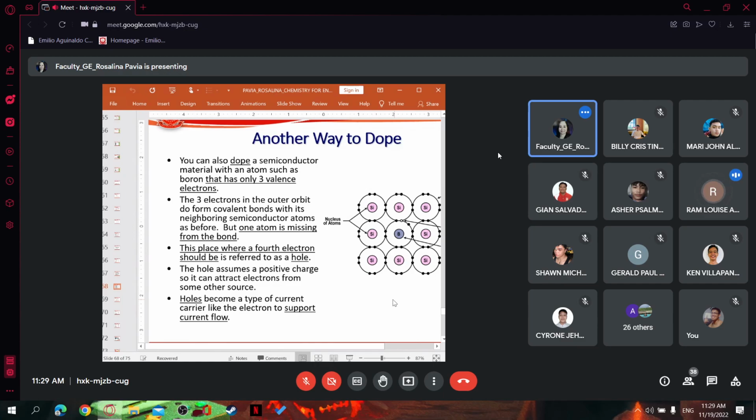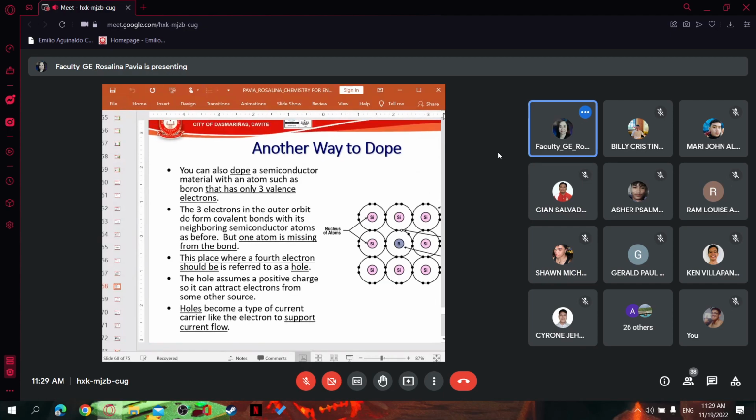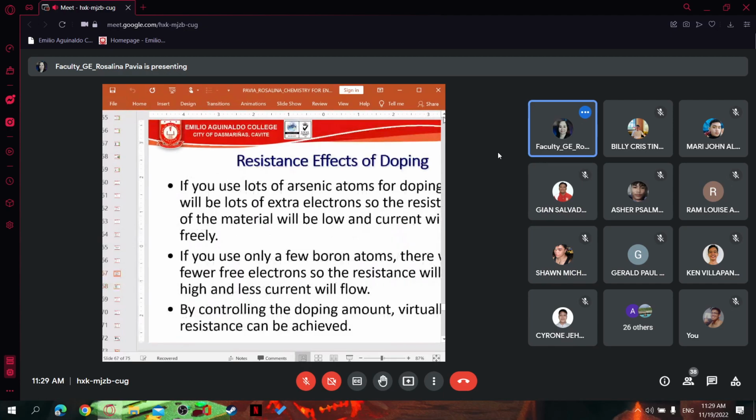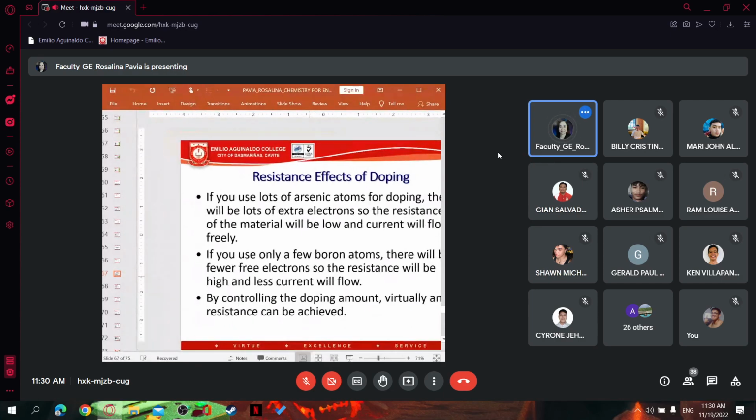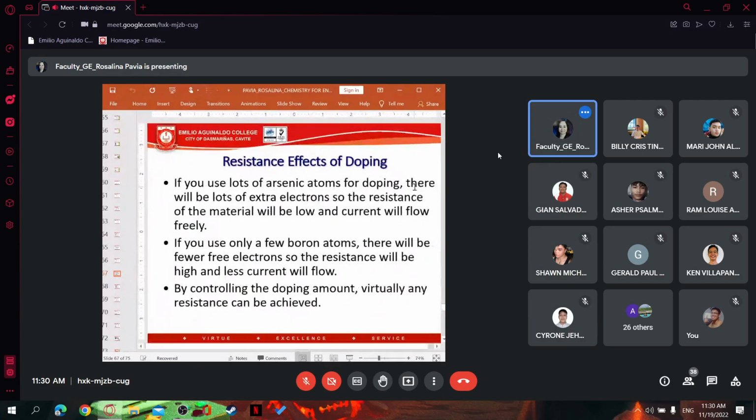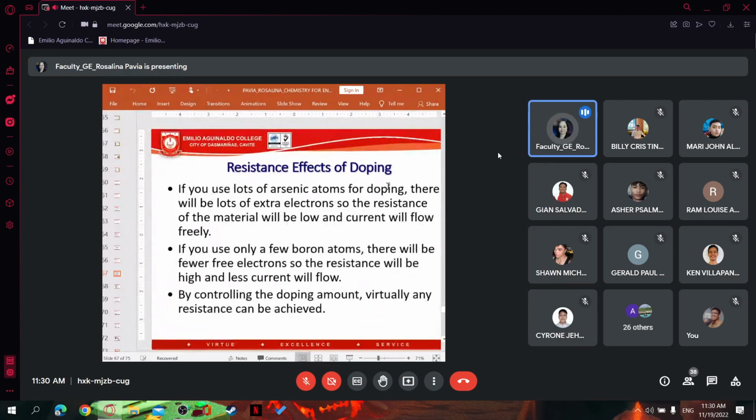Yes po. Okay. To answer the question of Mr. Villapando, resistance effects of doping. If you use lots of arsenic atoms for doping, there will be lots of extra electrons.